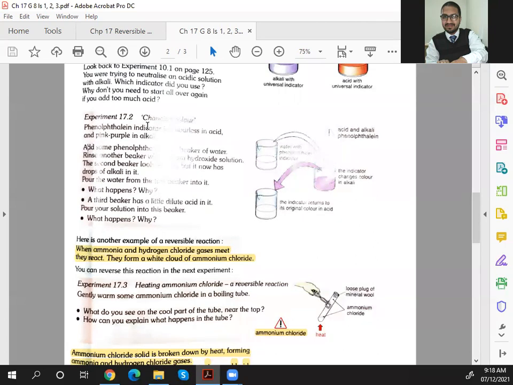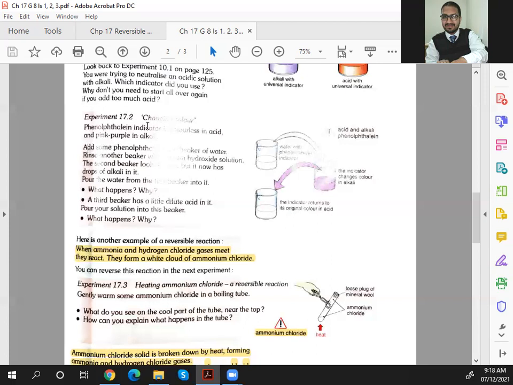Yes, please. Add some phenolphthalein to a beaker of water. Rinse another beaker with sodium hydroxide solution. The second beaker looks empty, but it now has drops of alkali in it.